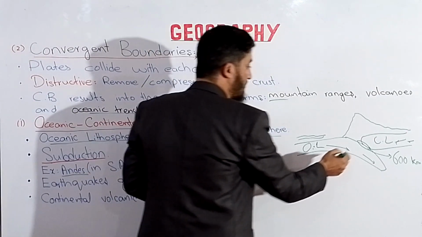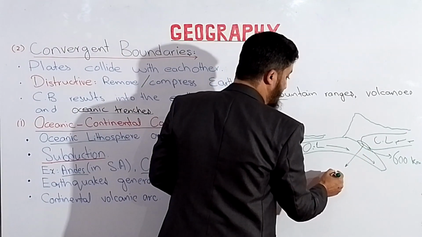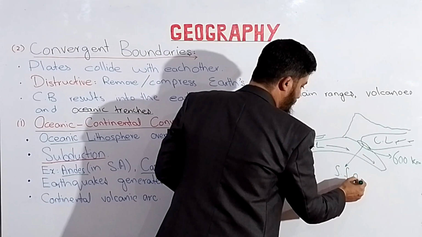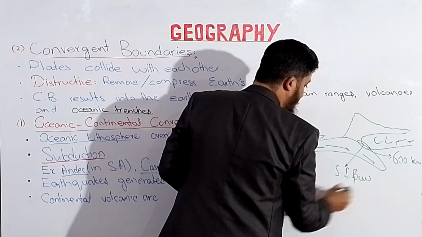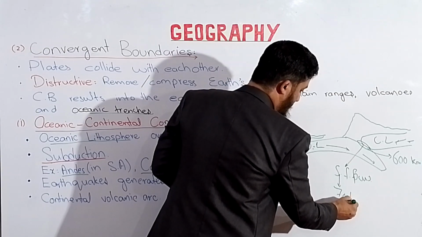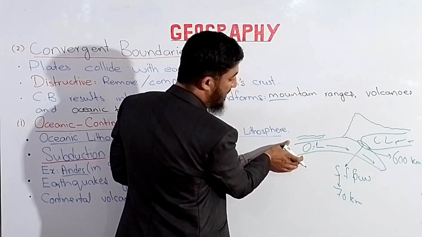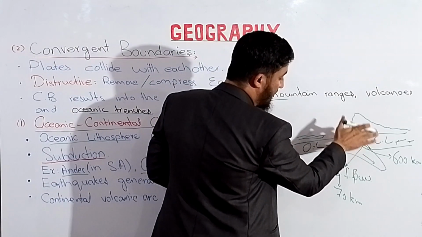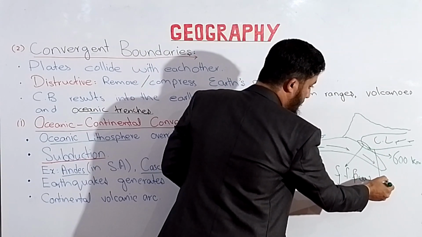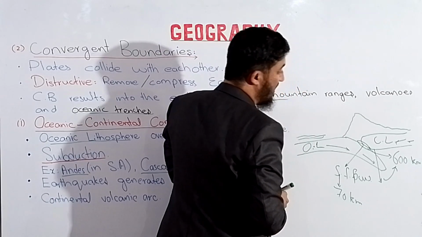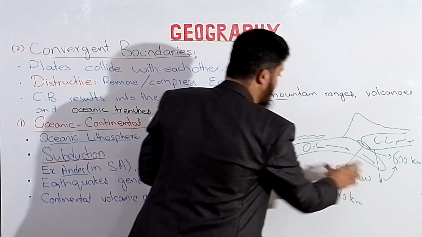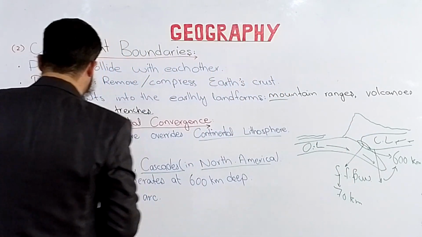And this is a shallow focus earthquake that traverses 70 kilometers in the oceanic range, but when it goes inside the continental lithosphere, it goes deeper towards 600 kilometers. That's why this earthquake is deeper than the shallow focus earthquake.